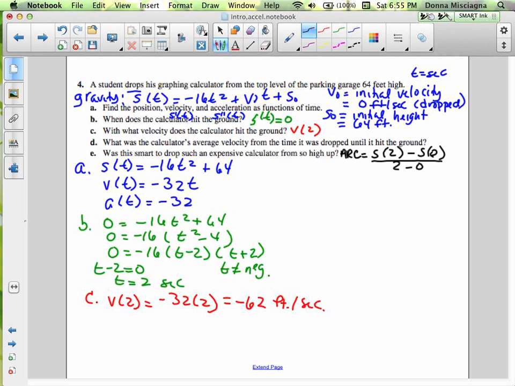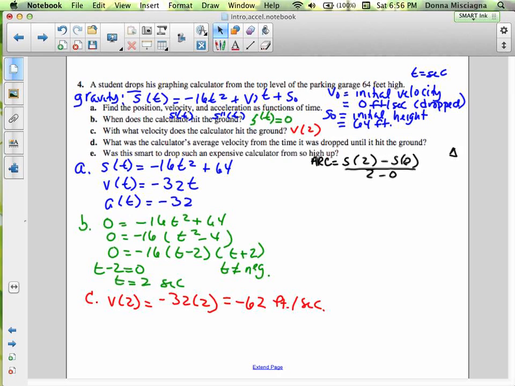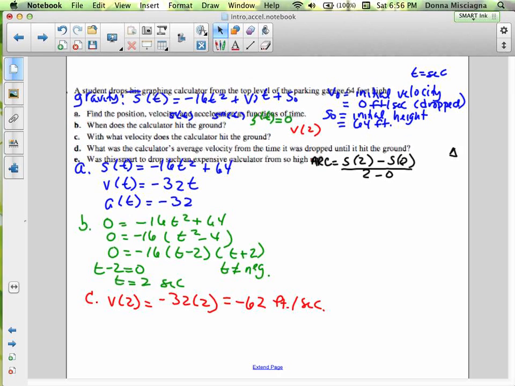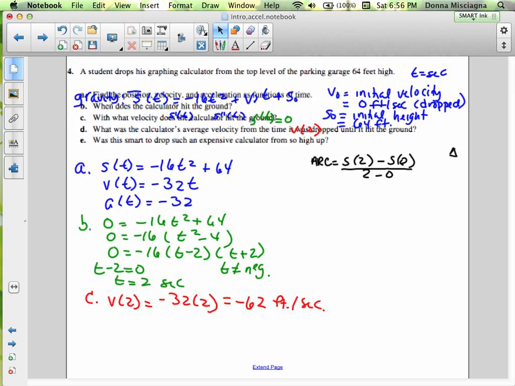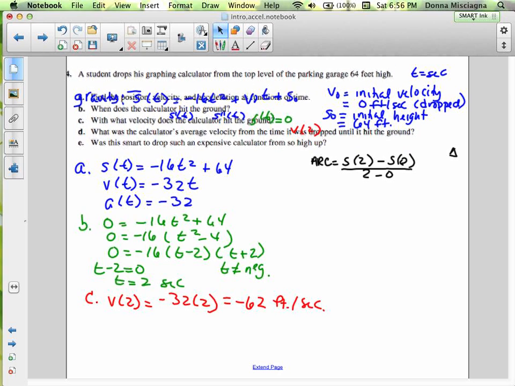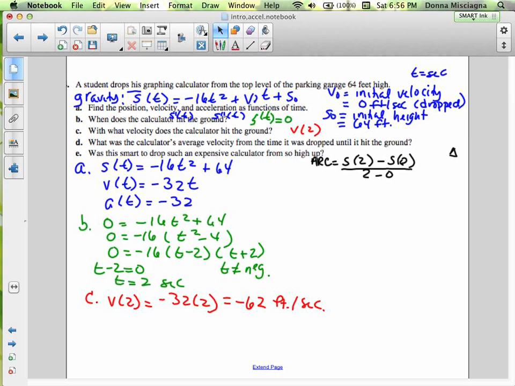Actually, let me just write that. If I move it over, I could. Whoops, sorry about that. Oh, now I've got to make everything fit the way it was. There we go. Change in position over change in time.